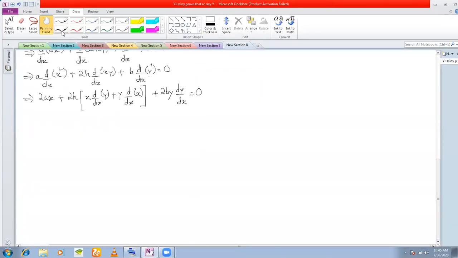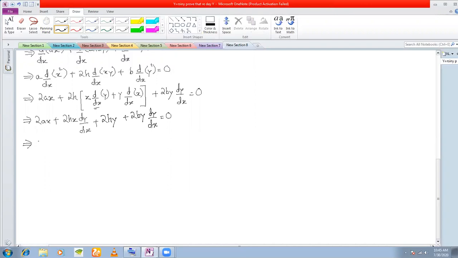So proceeding further, you have 2ax, you open the brackets, 2hx dy/dx plus d/dx of x is 1, so 2hy, plus 2by dy/dx is equal to 0.